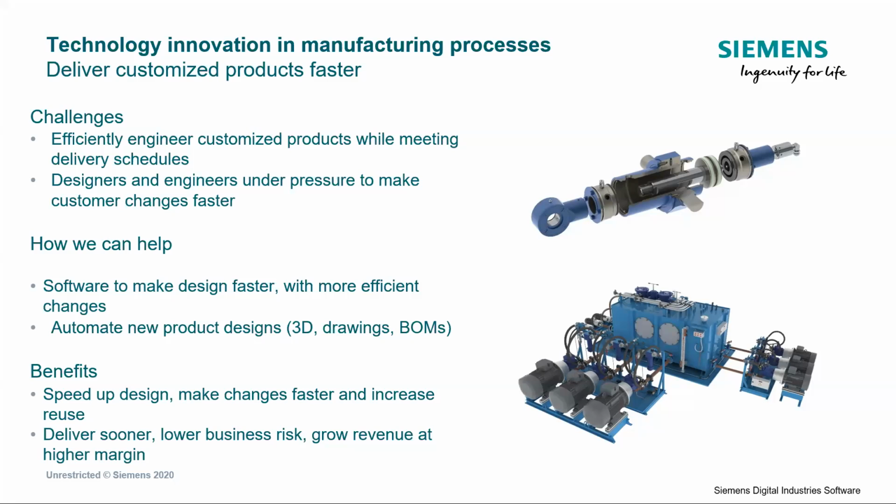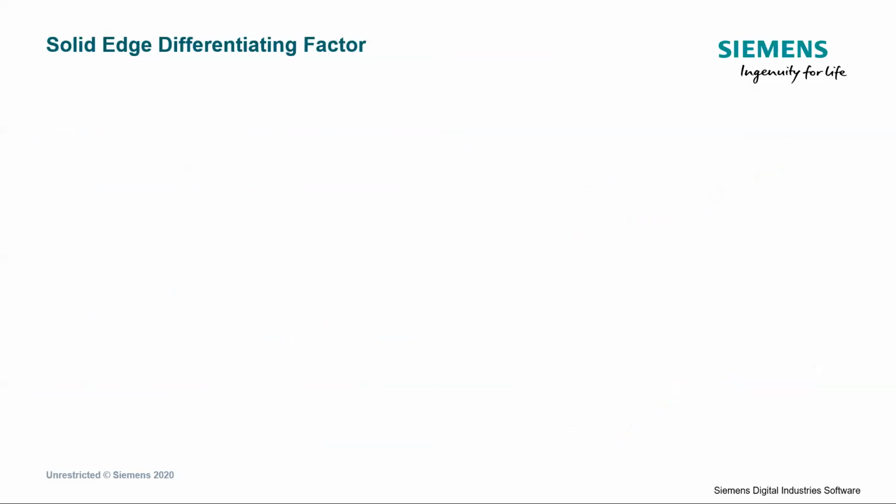And to achieve this competitiveness and this mass customization, Solid Edge uses a unique technology developed by Siemens, which enables customers to get their work done faster and with more efficiency as well.